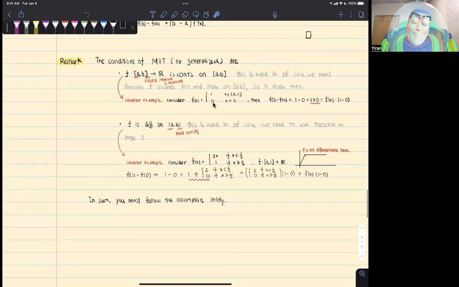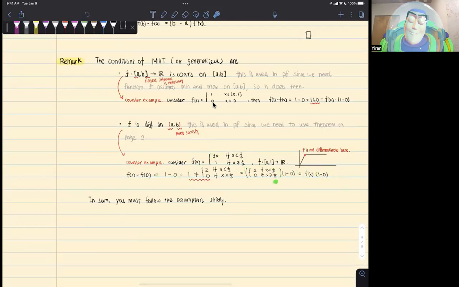If it's not, consider this counterexample, the function f(x). So f(1) minus f(0) is equal to, because 1 is larger than 1 over 2, it is equal to 1. And 0 is smaller than 1 over 2, so it's 2 times 0, which is equal to 0. So this becomes 1 minus 0 is equal to 1. On the other hand, if you look at the right-hand side, f prime x times 1 minus 0 is equal to f prime x. What is f prime x?